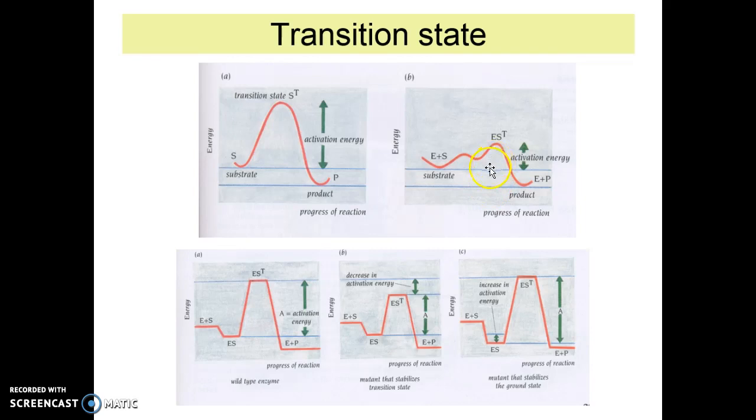The decrease of activation energy could be achieved in a variety of ways. The most important one is that the enzyme could form its complex while consuming low energy compared to its normal state, or ground state.